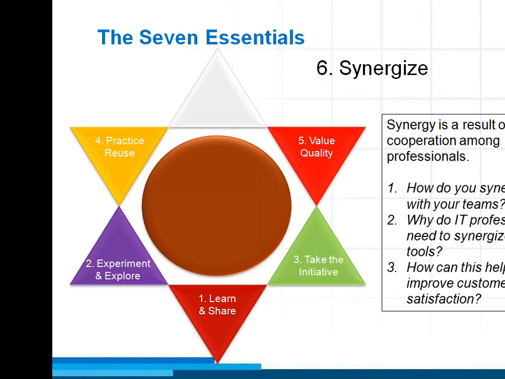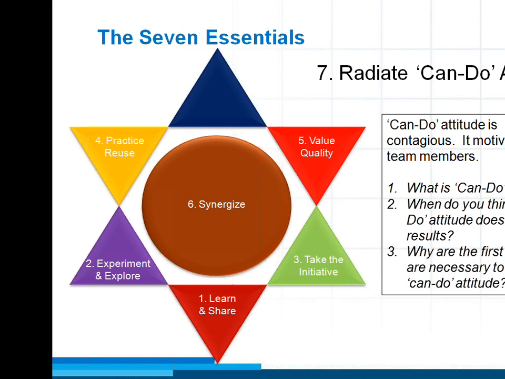And let me move on to the next or the final essential, which is radiate can-do attitude. Can-do attitude is very contagious, which means that it spreads like a disease. People are inspired when you exhibit or radiate can-do attitude.